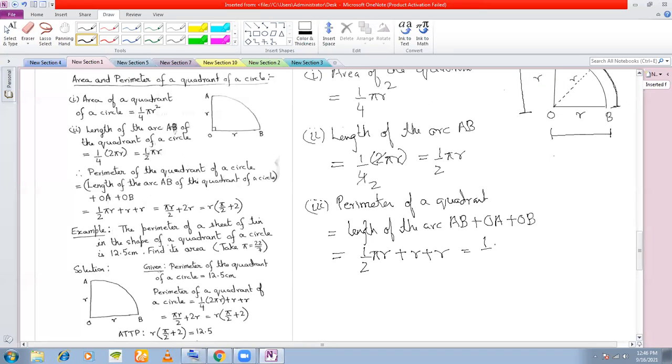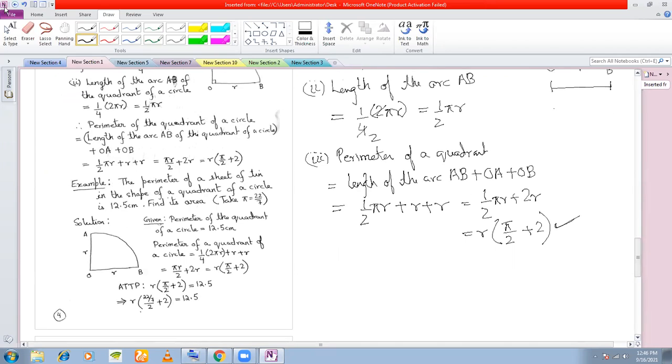So you get half of pi r plus 2r. If you take r common here, you get half pi or pi by 2 plus 2. You can remember this formula for perimeter if you want. Otherwise, finding out the perimeter of a quadrant is not a tough job, even if you don't remember the formula. Okay.